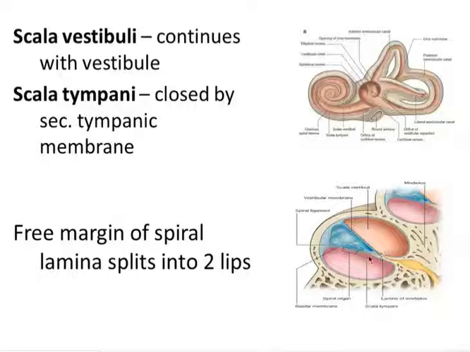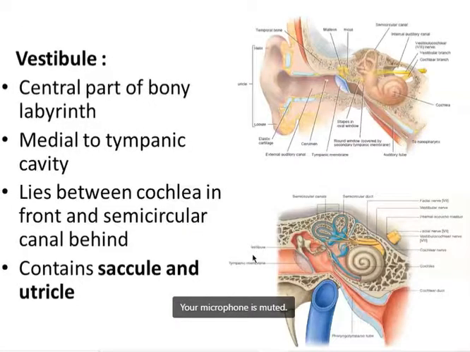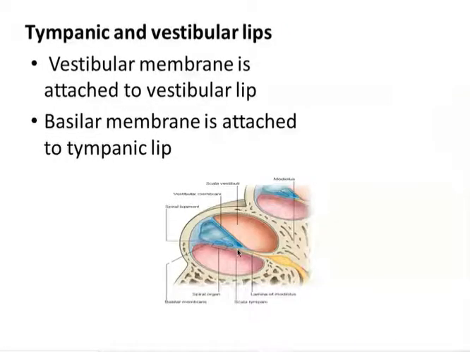Now the vestibular lip gives attachment to the vestibular membrane, whereas the tympanic lip gives attachment to the basilar membrane. So this is the vestibular membrane, and here is the basilar membrane.